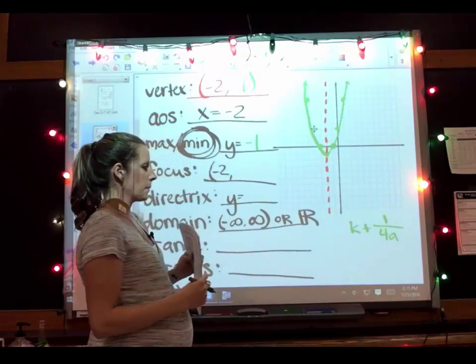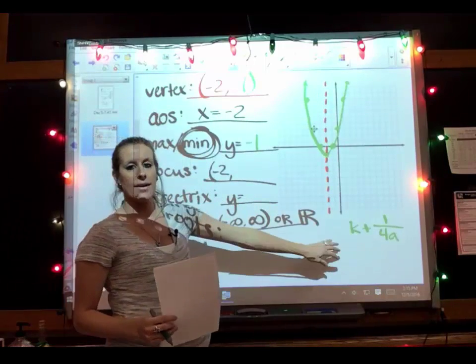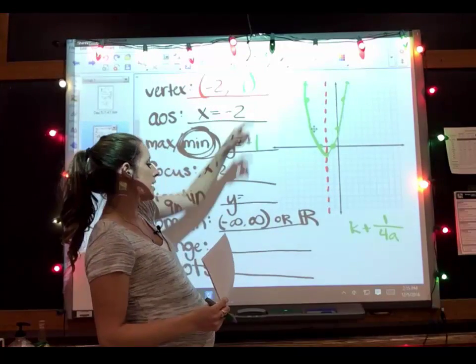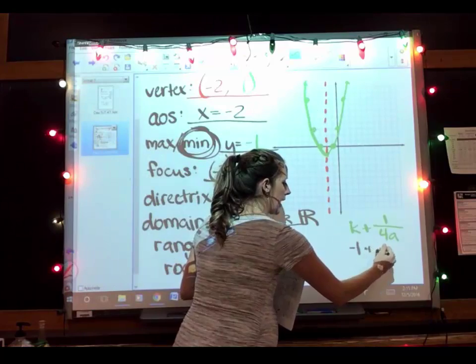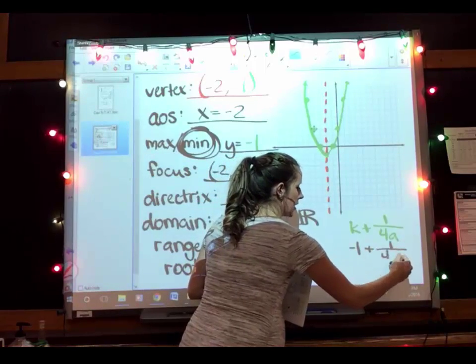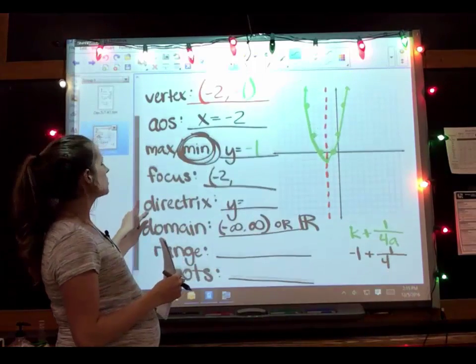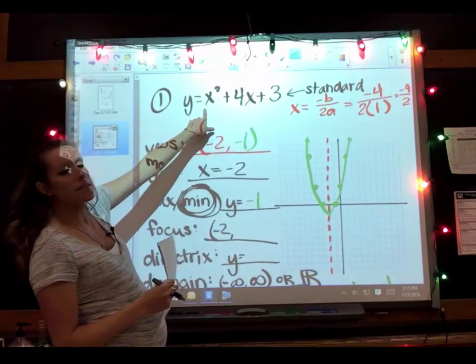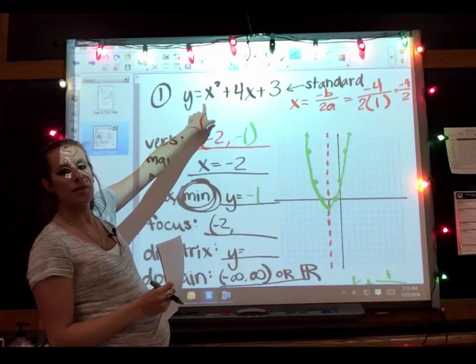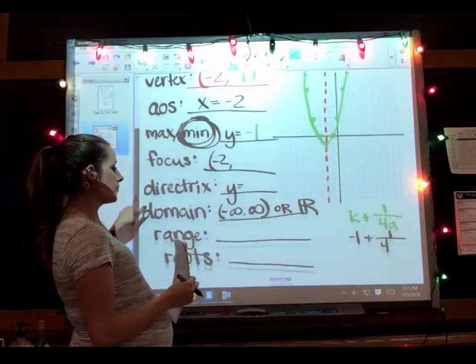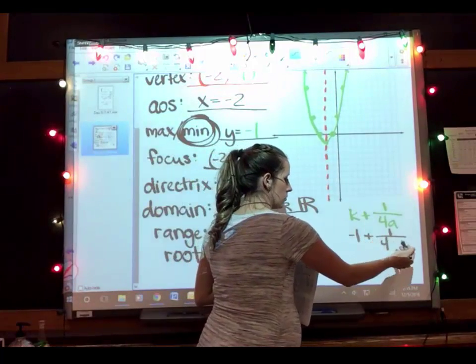So we're going to take the y value of our vertex, which is -1, and we're going to add 1/4 times a. And for this problem, my a is a sneaky 1. That's the number in front of x squared. So -1 plus 1/4 times 1.